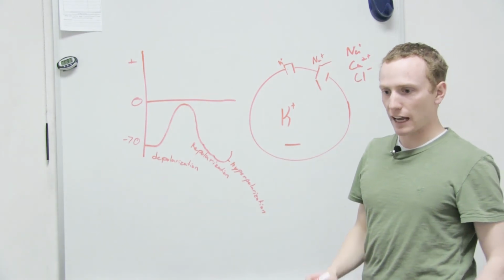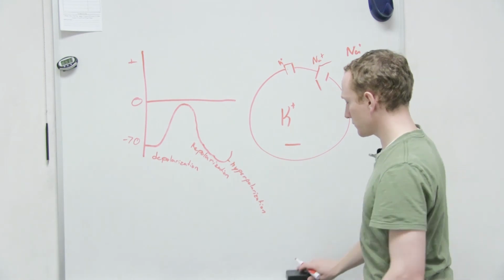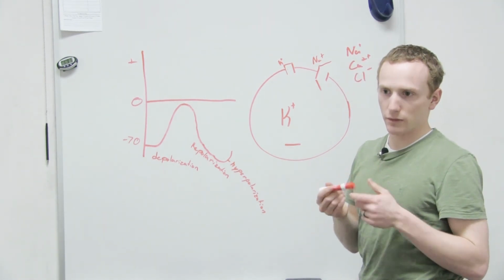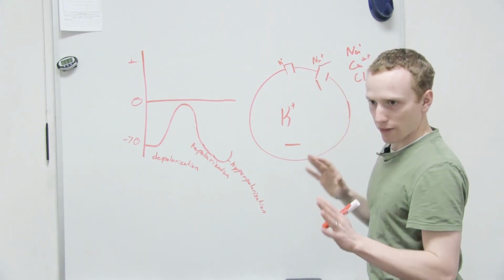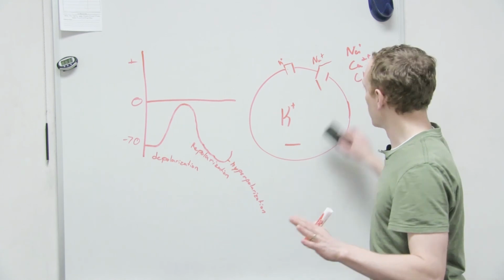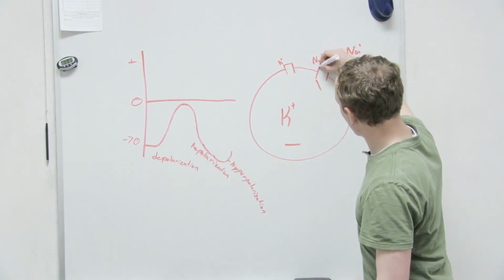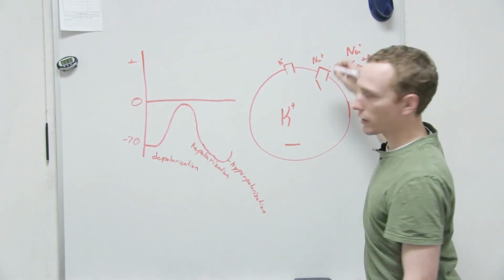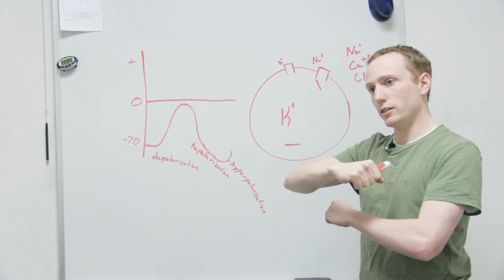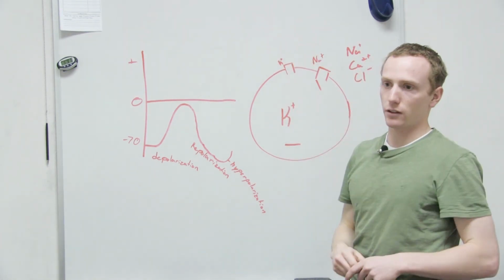So that's how the gate opens. As it gets more negative, the gate opens. More positive, the gate closes more. That's the general idea, because you were asking about how the gates open. There's typically a positive charge right there, and then when it switches to a negative, it repels the gate, it opens up, and then you get the sodium flowing in.